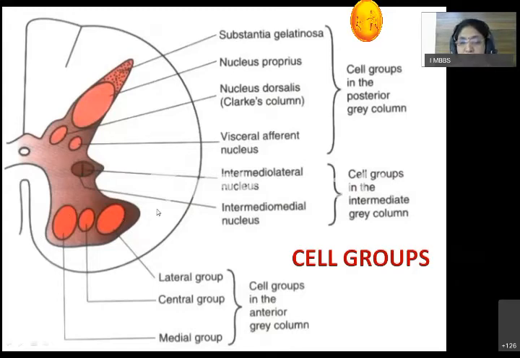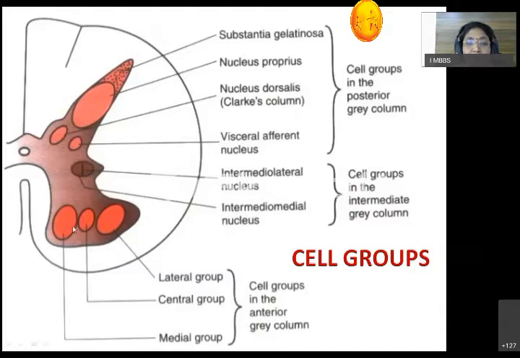The anterior horn is broad, so the cell groups are arranged in a transverse manner. So they are grouped as medial group, lateral group, and central group. Whereas the posterior horn is long and elongated, here the cell groups are arranged in a longitudinal column.